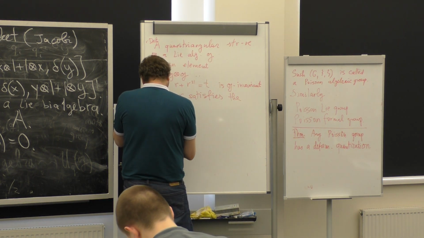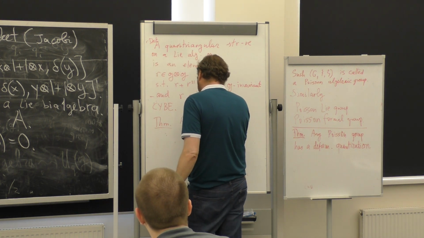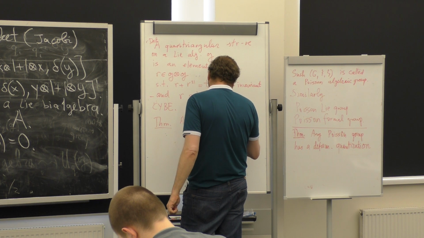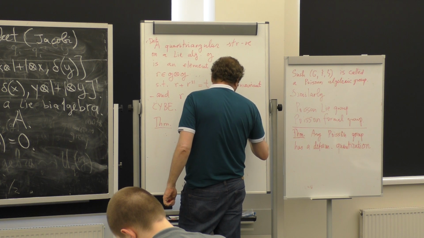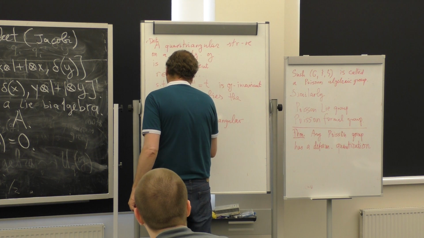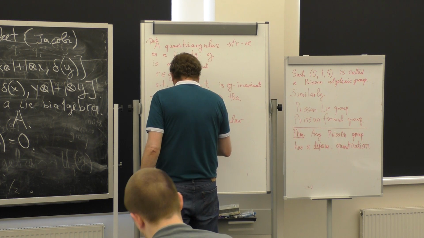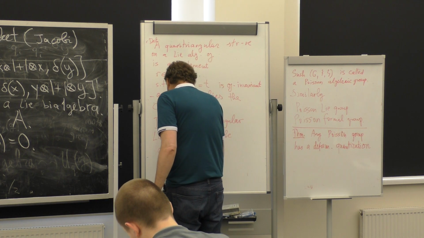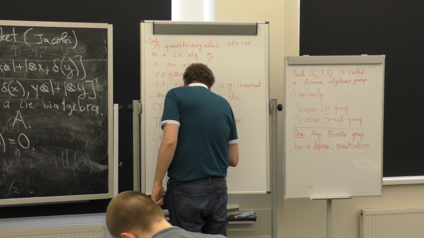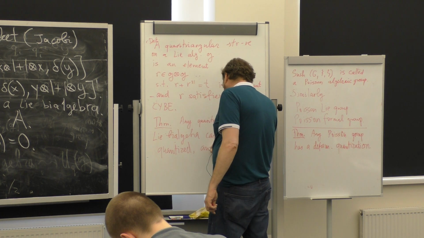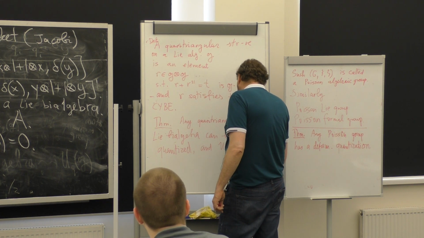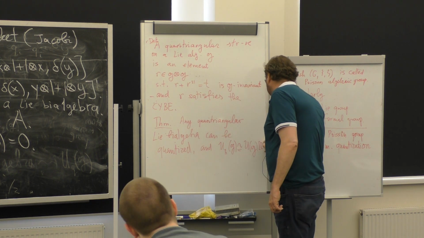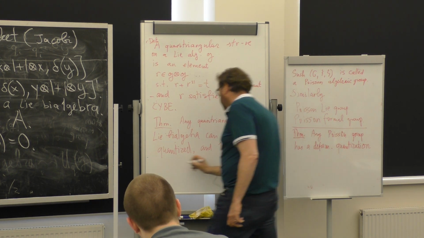And the theorem that we proved with Kazhdan is that any quasi-triangular Lie algebra can be quantized, and the quantization, as an algebra, is isomorphic to the undeformed algebra tensored with power series.